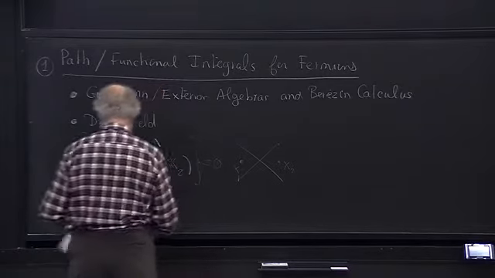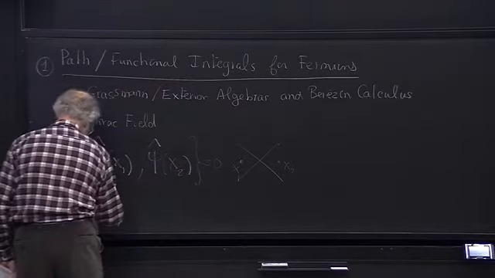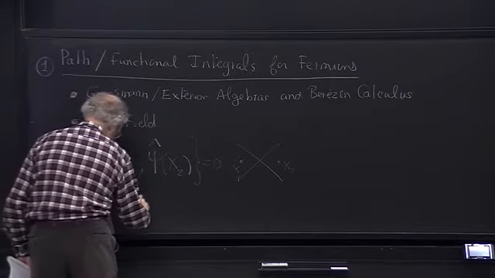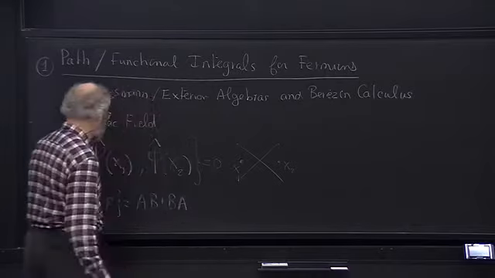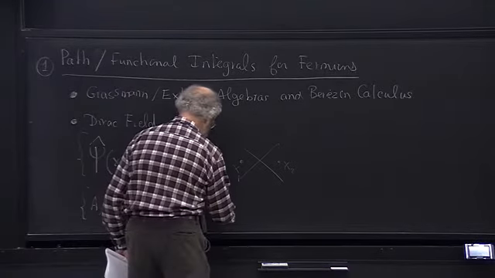Of course, the anti-commutator of two objects is just defined as AB plus BA. And that's because of the Fermi-Dirac statistics.